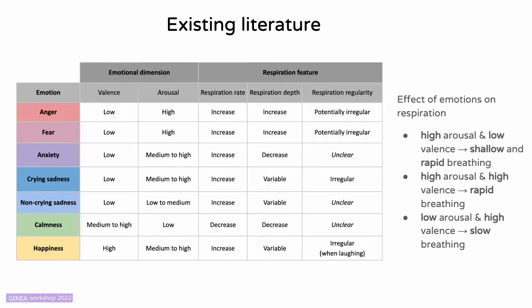Similarly, positive emotions with high arousal increase the respiration rate, whereas low arousal decreases it. In short, the levels of arousal, as well as valence, seem to trigger similar variations in breathing rhythm, and similar influences of different emotions on breathing can be explained via commonalities between them.